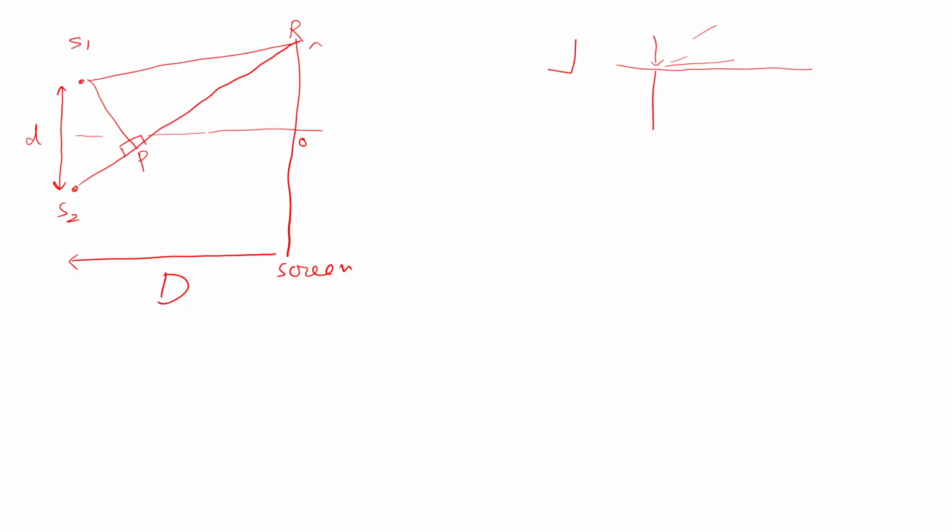So the distance of that particular fringe from the center, let's denote by x. Now since there is some path difference for this particular wave, there will be an extra phase difference also.